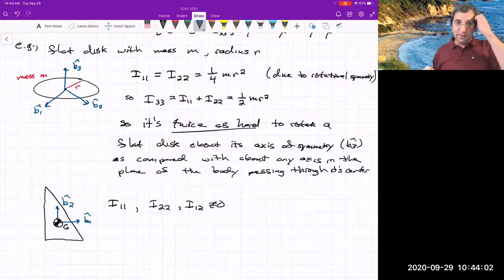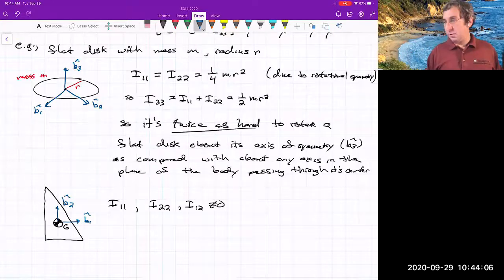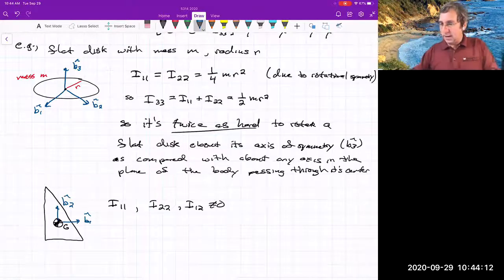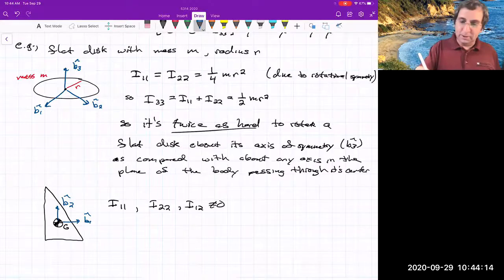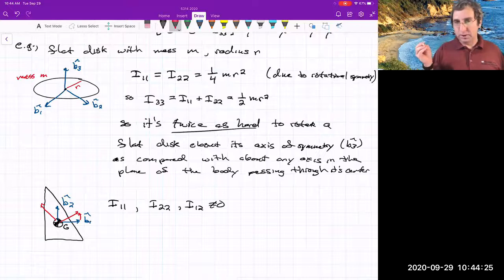But B1 and B2 here are not the principal axes. For the disk, any two orthogonal directions in the plane of it are principal axes. But for the triangle, there are some special directions, and you could get them from the eigenvalues, and these will be offset by some angle, and these would be the principal directions.